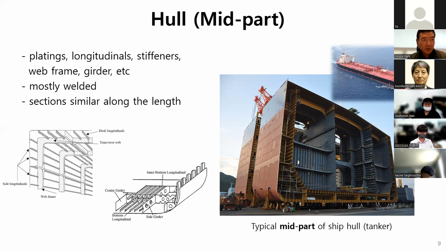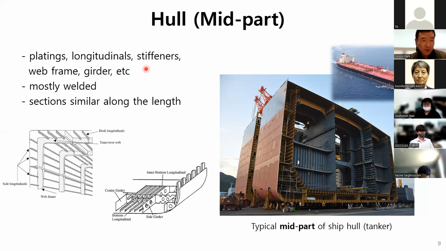This slide shows the typical mid part of the hull structure in tankers. It's also composed of many kinds of structural elements: plating, primary members such as web frames and girders, and secondary members such as longitudinal stiffeners.